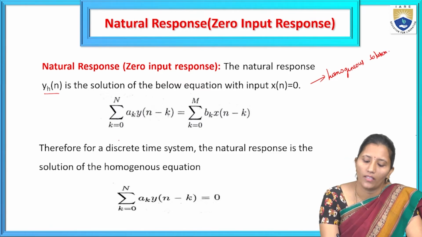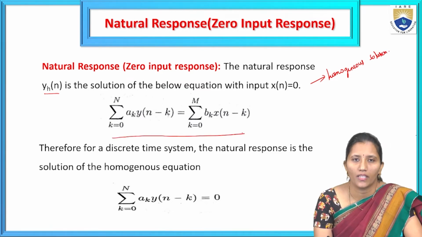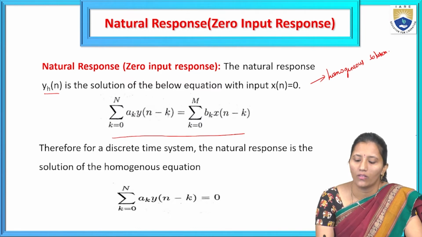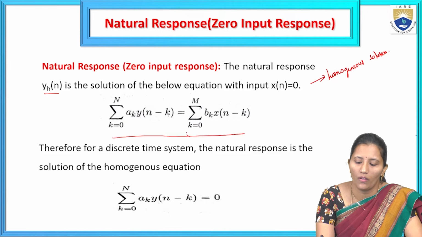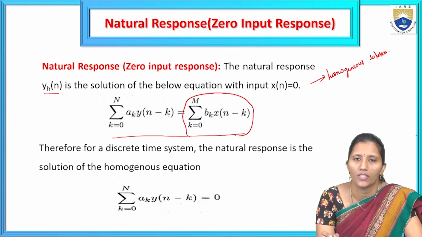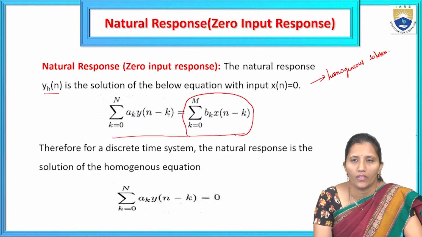Here we are taking the general Nth order difference equation. Zero input response, the name indicates the input to the system is 0. We have to find the response of the system when the input is equal to 0. So whatever input terms are in the difference equation, we have to make them equal to 0.